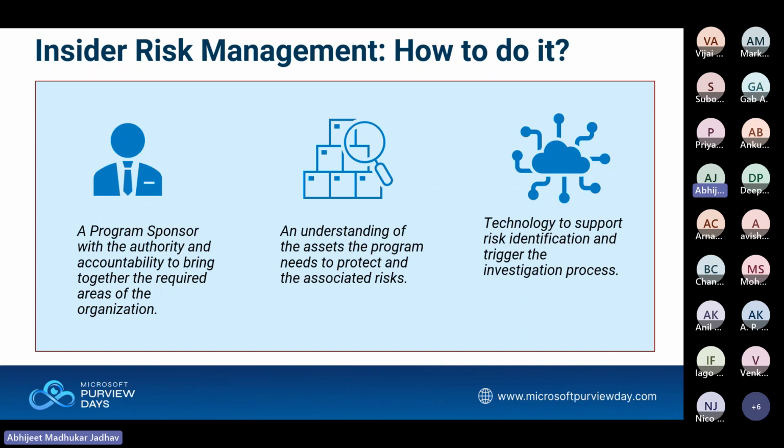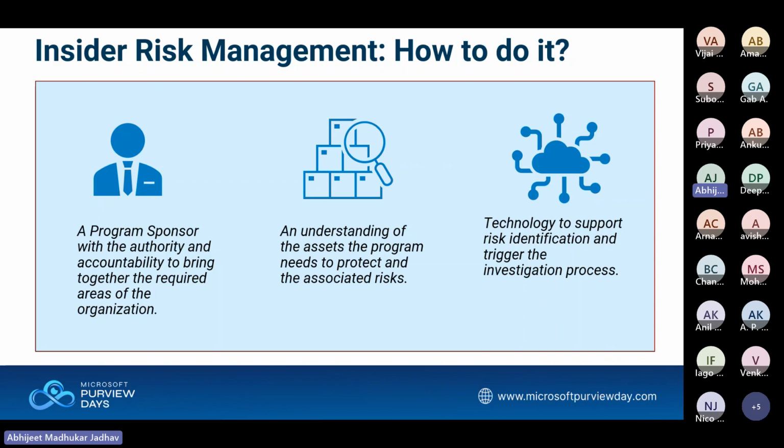So you need to have a program sponsor who has the authority and accountability to bring the required areas of the organization together. Then you need to have a matrix or a list of the assets of the program that you want to protect and the associated risks. Say, for example, you have your customer data or your patient data. These are the assets. What are the associated risks with it, and how are you going to mitigate them? And then comes the third part, where you look into the technology to support risk identification, because Microsoft Purview insider risk management provides different types of templates.